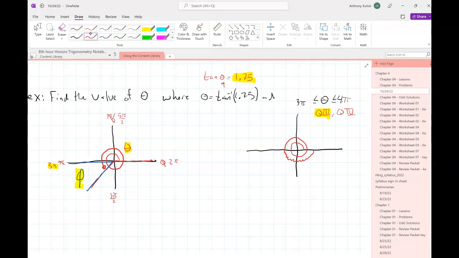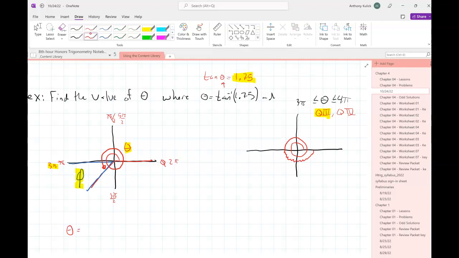So first, I'm going to compare angle theta with that part of the x-axis. Is angle theta bigger or smaller than 3 pi? It should be bigger because it goes past 3 pi, right? Everybody agree with that? If it was smaller than 3 pi, it would have ended over here and wouldn't have got to 3 pi yet.